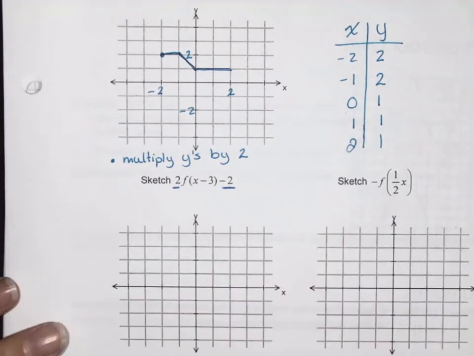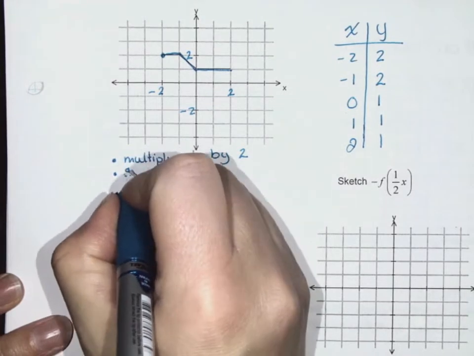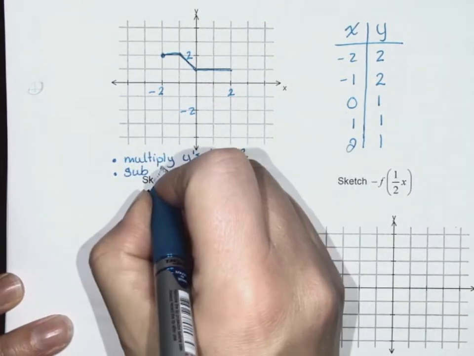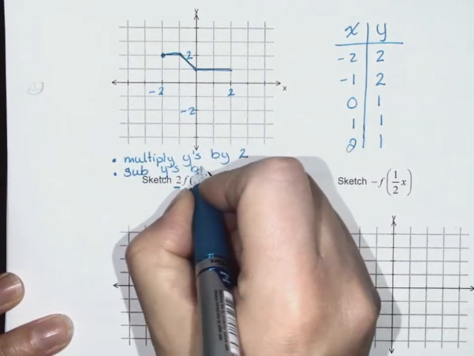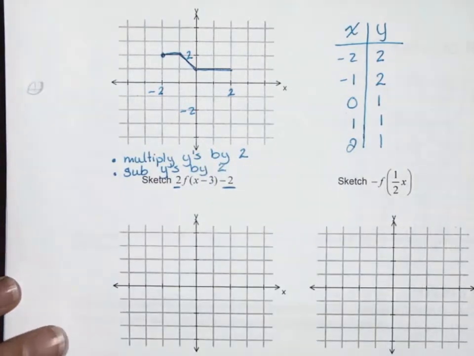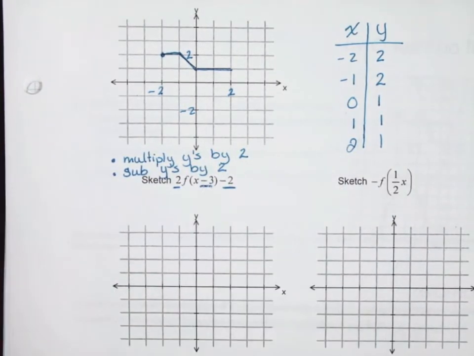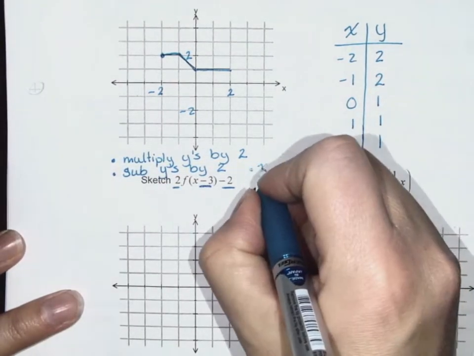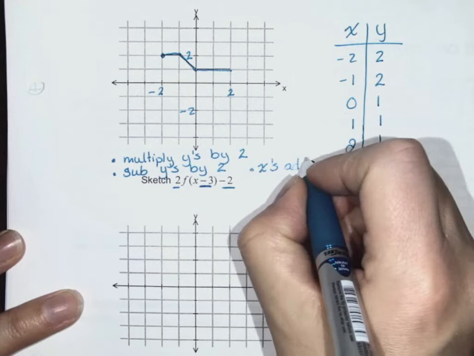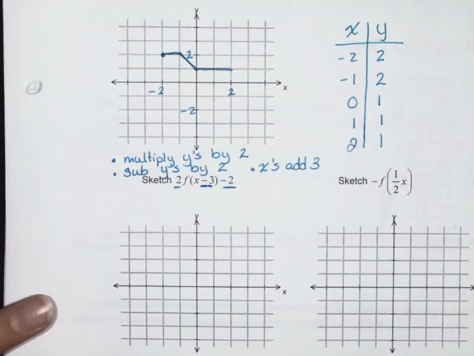So we are going to move down by 2, but that's going to tell us that we are subtracting y's by 2. And then what about that 3? So the x's add 3.